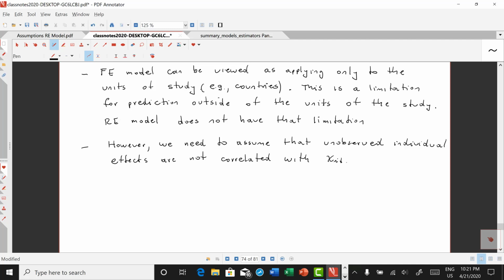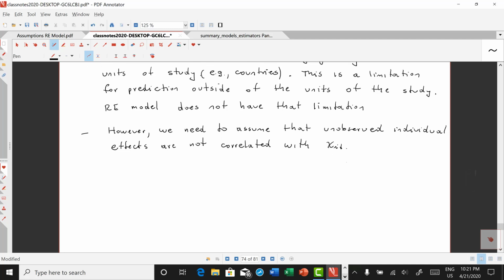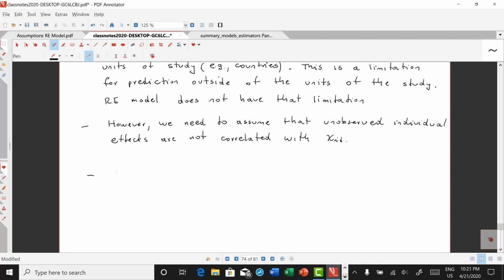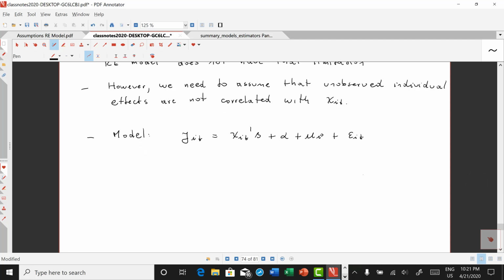Okay, so that's a limitation. So I'm going to write down the model again. Remember the way that we describe it. We have y_it, the dependent variable, x_it, the vector of explanatory variables, and then we have, remember, the mean of unobserved heterogeneity.